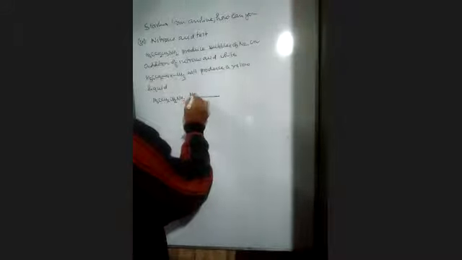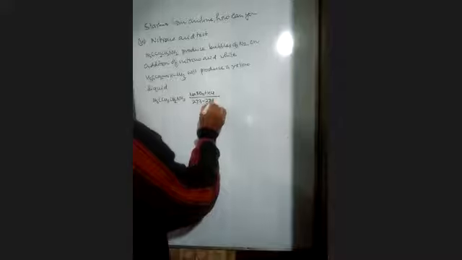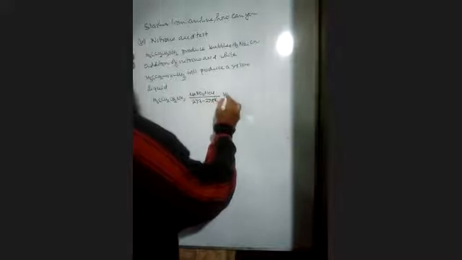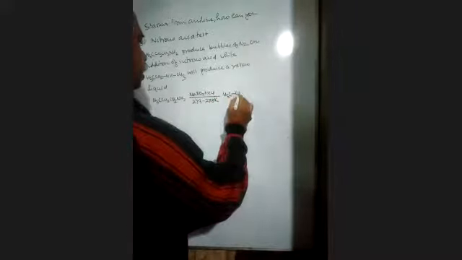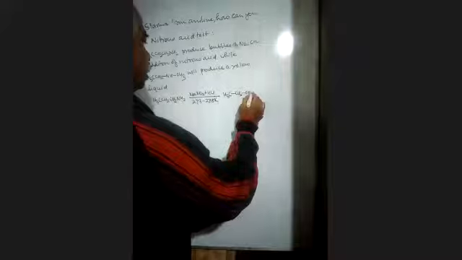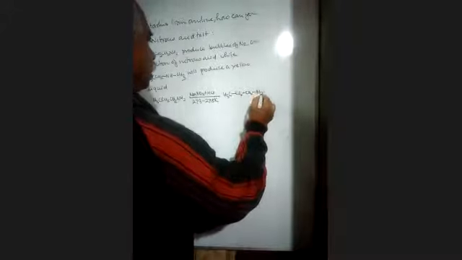See here, CH3CH2NH2. Okay. If you add here sodium nitrite and HCl, at 273 to 278 Kelvin, you'll get here N2Cl.